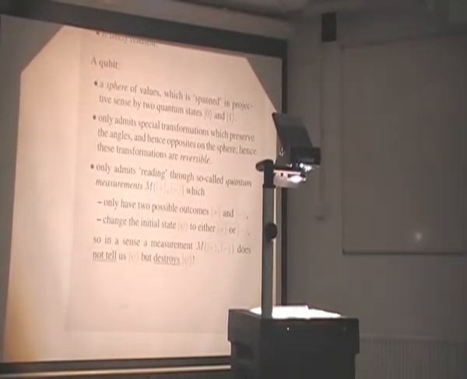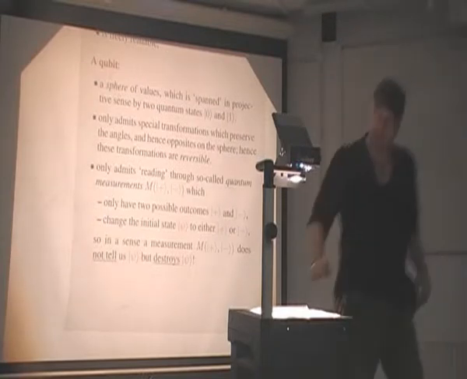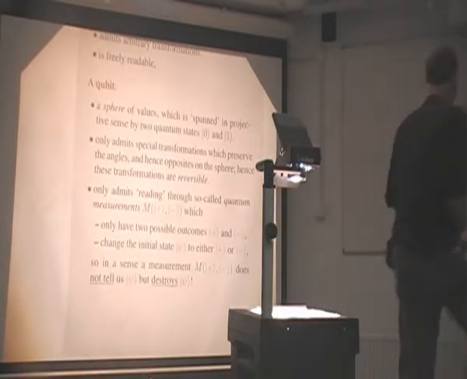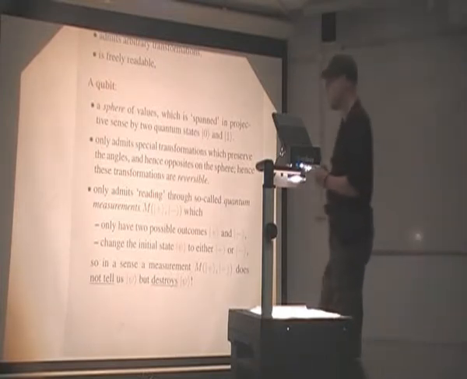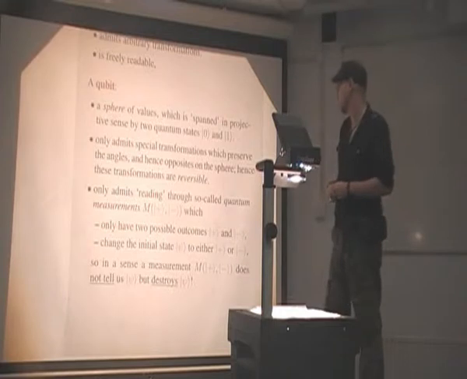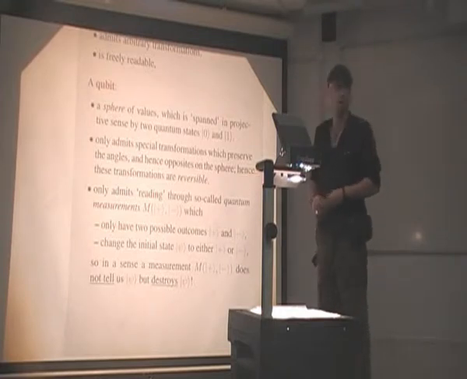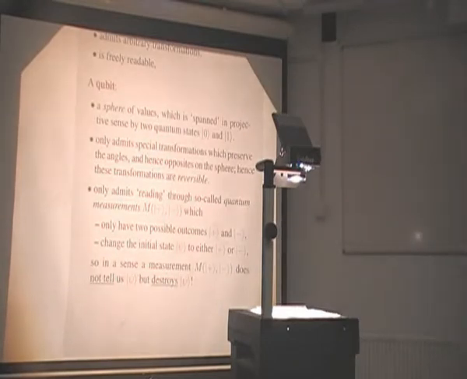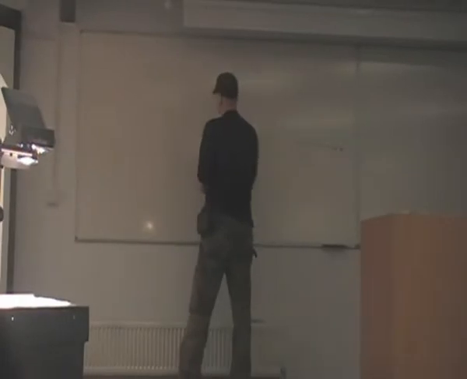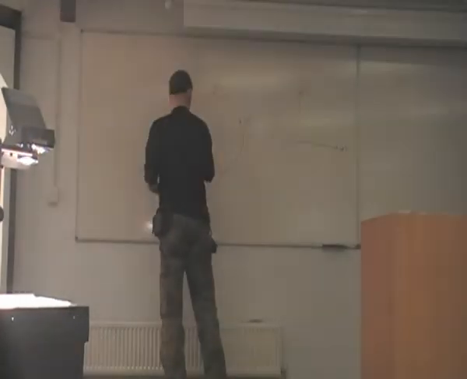It admits reading. First, I mentioned that for the classical system, these values are readable. For the quantum system, they are only readable through so-called quantum measurements. The quantum measurement is defined by 2 points, which are called plus and minus, which are again opposites. So maybe here is plus, and there is minus.